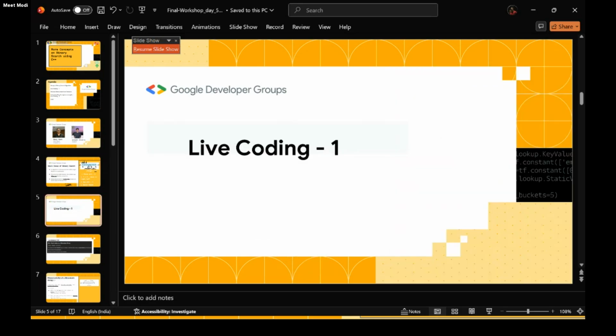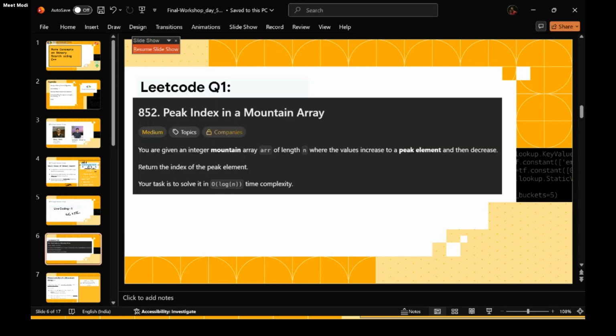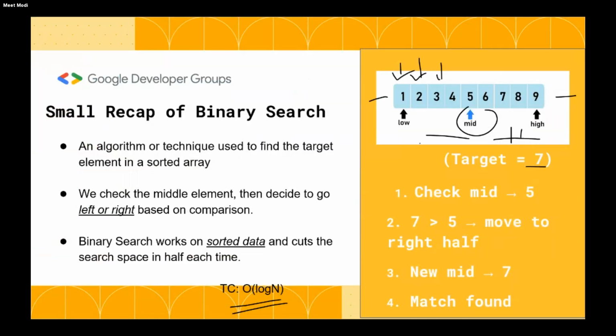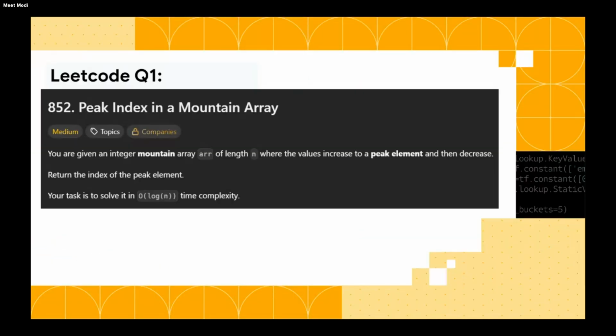The question that we are going to solve is LeetCode 852, Peak Index in a Mountain Array. We are given an integer mountain array of length n, where the values increase to a peak element and then decrease. Return the index of the peak element, and they have given the hint as well: your task is to solve it in O(log n) time complexity.